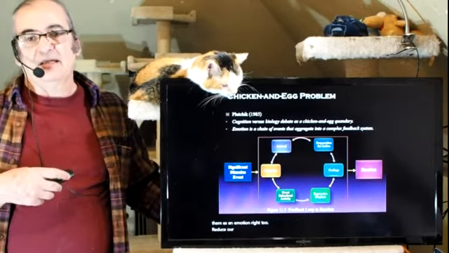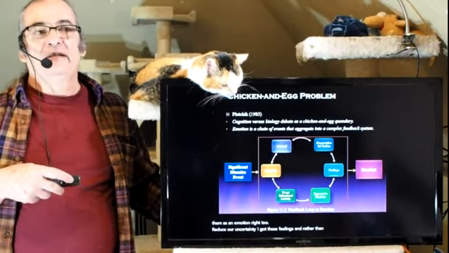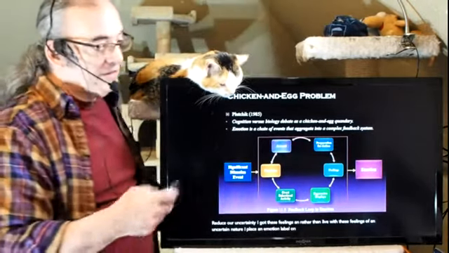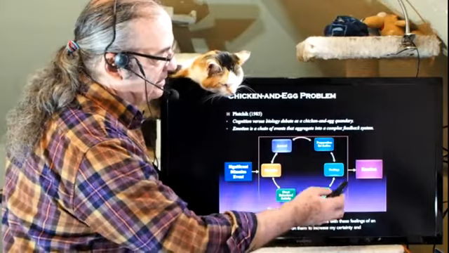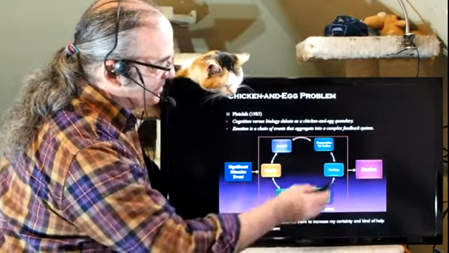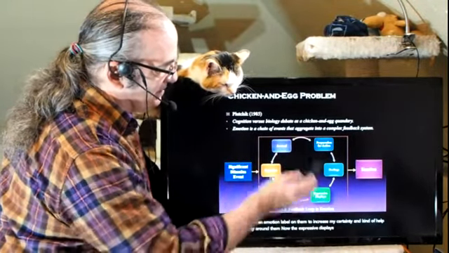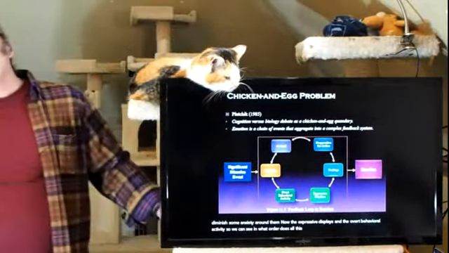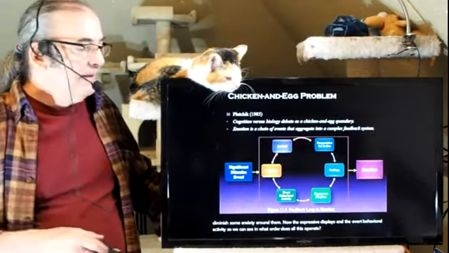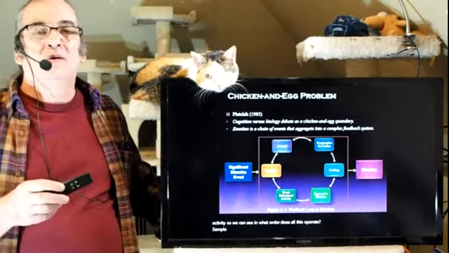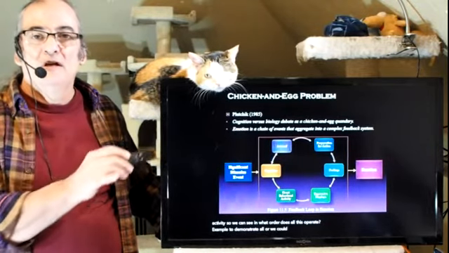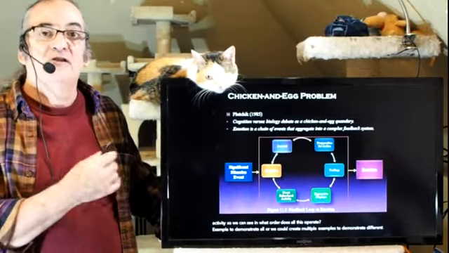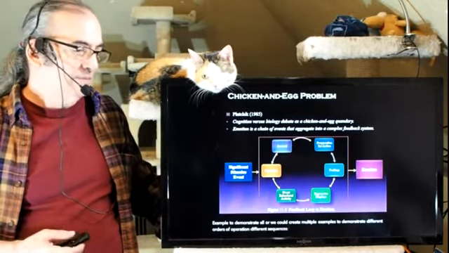I've got these feelings, and rather than live with feelings of an uncertain nature, I place an emotion label on them to increase my certainty and help diminish some anxiety around that. Now, the expressive displays and the overt behavioral activity. So you can see, in what order does all this operate? It depends, and we could create multiple examples to demonstrate different orders of operation, different sequences for all these components.